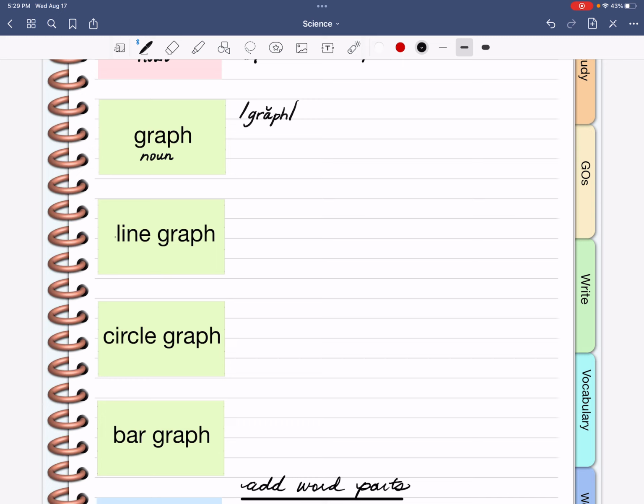Okay. And here's the definition of graph. A graph is a visual display of information or data.